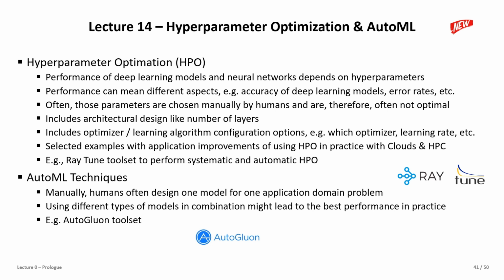The hyperparameters affect the performance of the deep learning model, and they are very important to get the accuracy of the prediction, for example, in the deep learning model, and we can control the error rate.